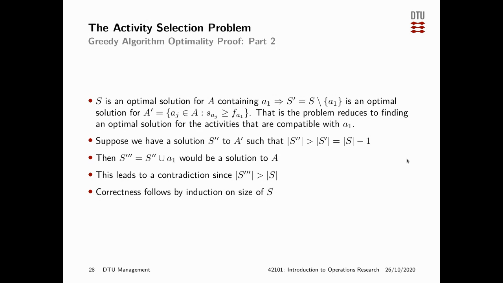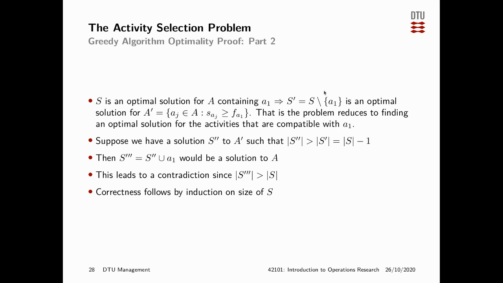So if I remove A1, the problem reduces to finding an optimal solution for the activities that are also compatible with the first activity. So let's suppose that we now solve this problem and we come up with a solution S prime prime. So it's a set of activities that are all compatible with the first activity, and the cardinality of this set exceeds this set.